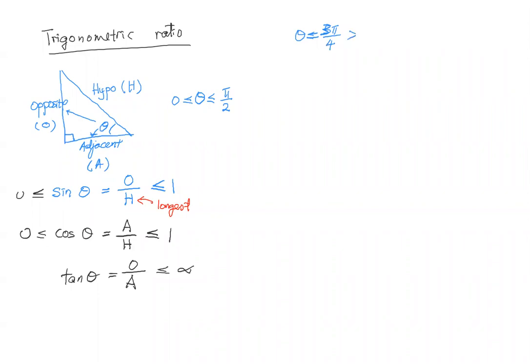This is more than pi by 2, correct? Then how? What would the value be? So how are we going to get the value? Calculator can.